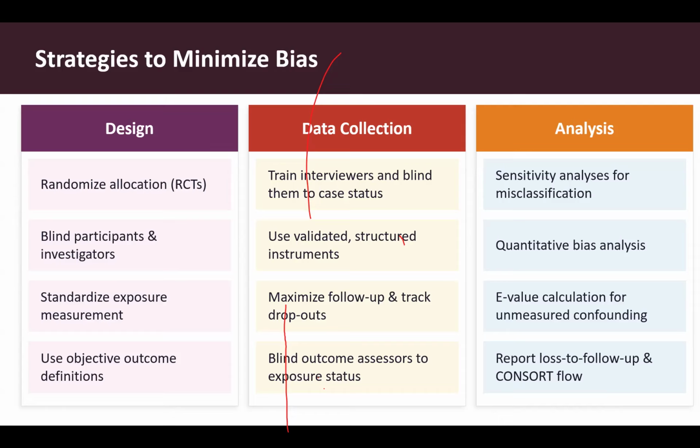And then we finally have analysis, in which sensitivity analysis for misclassification, sorry, quantitative bias analysis, and e-value calculation for unmeasured confounding, and similarly report loss to follow-up and the CONSORT flow diagram should be followed.